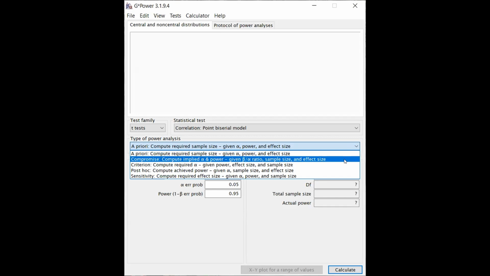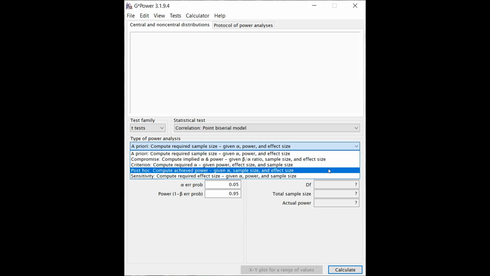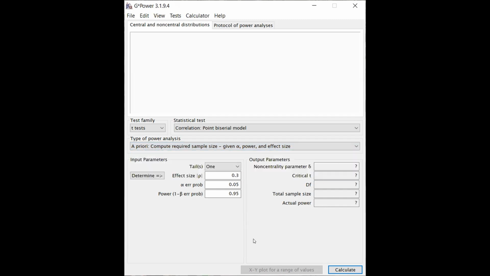I've got all these things going on. If I know the power and the effect size and the sample size, I can do a post hoc, and I can even just do a sensitivity. How sensitive is my test? So your statistical tests have so much power involved.